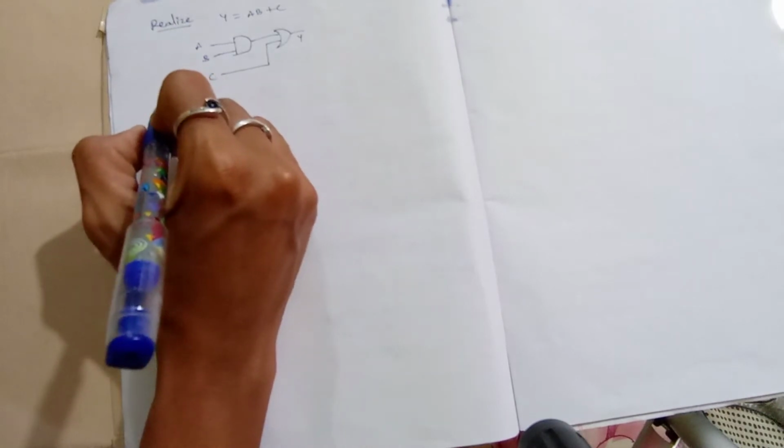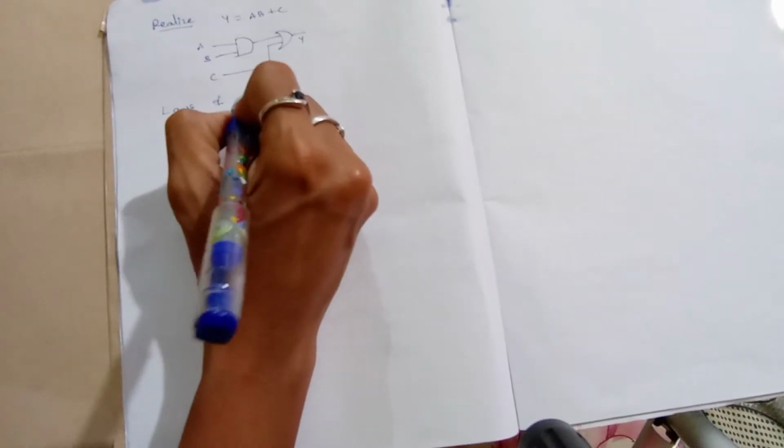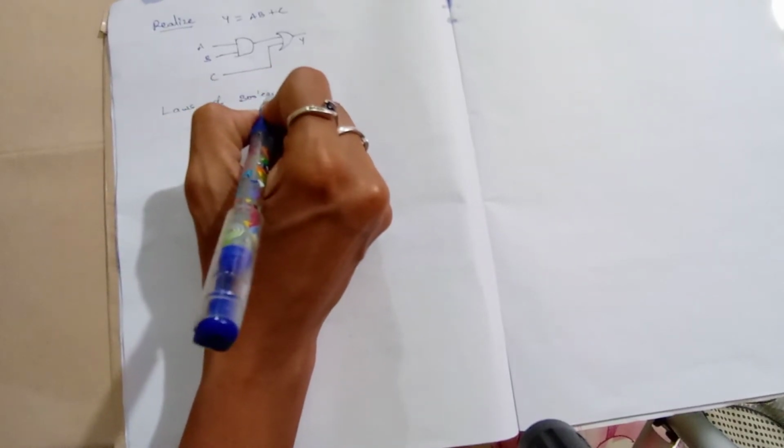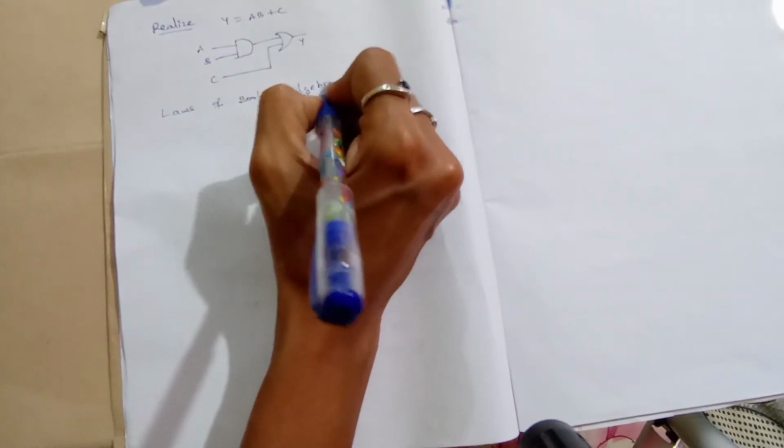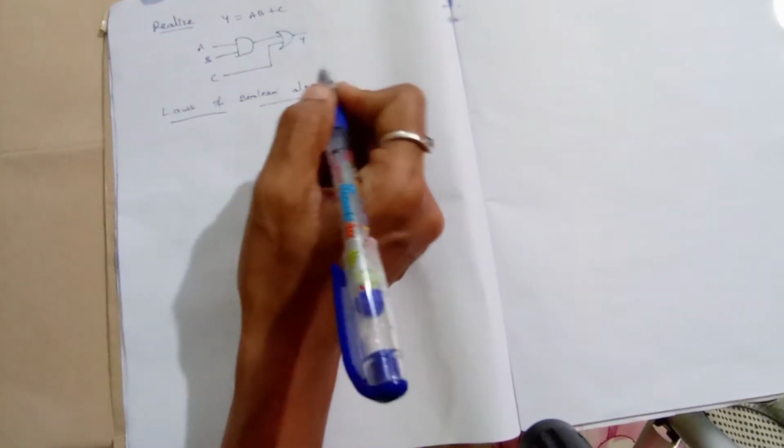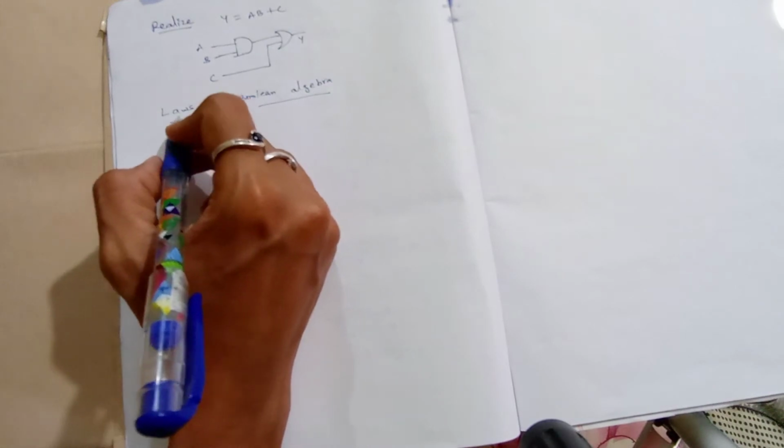Now we'll see what are all the laws of Boolean algebra. Laws of Boolean algebra. In this, here we are having the operations with 0 and 1.